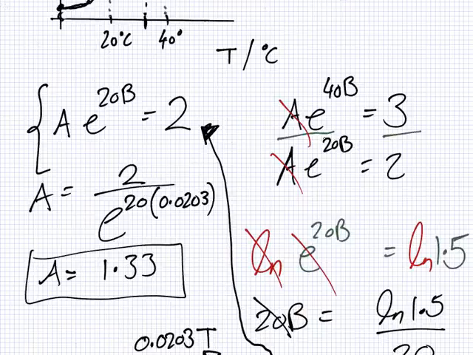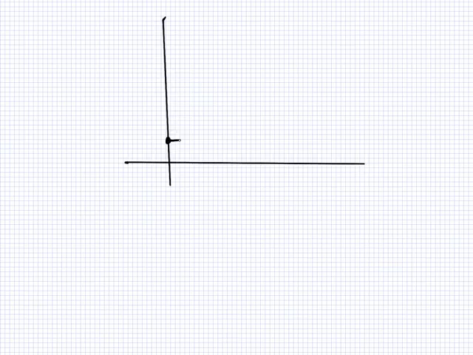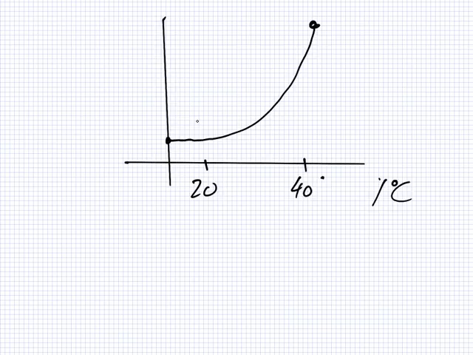Okay. So, if we go back here to our graph, it looks exponential like this. From, what did we have here? 20 and 40, wasn't it? This is in Celsius, and this is in units.